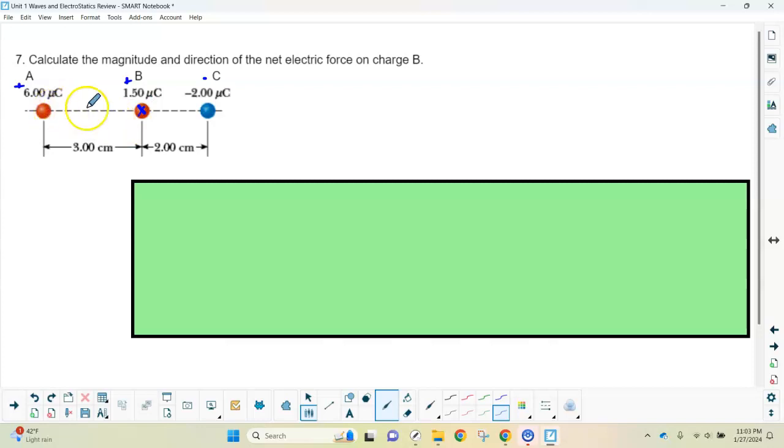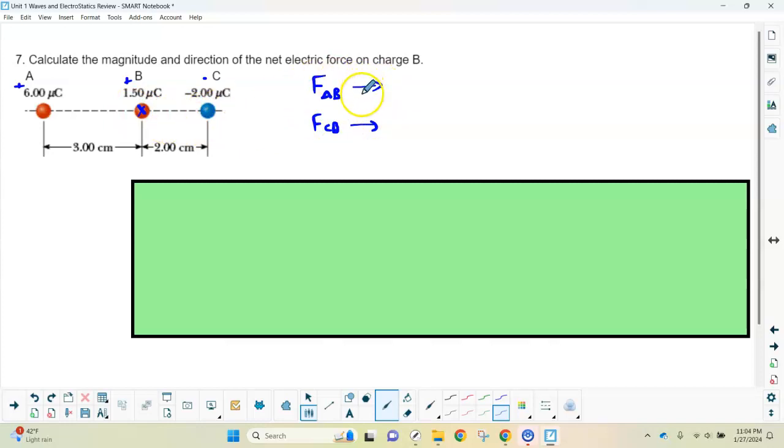If we just think about A and B and ignore C, we have two like charges. So the force of A on B is definitely going to try to push charge B to the right. And then we would look at C on B. How is this negative charge going to impact this positive charge? Negatives and positives attract, so they're both going to be to the right.